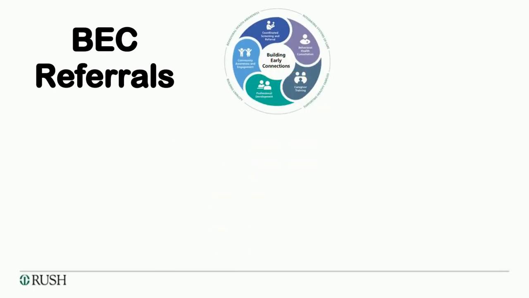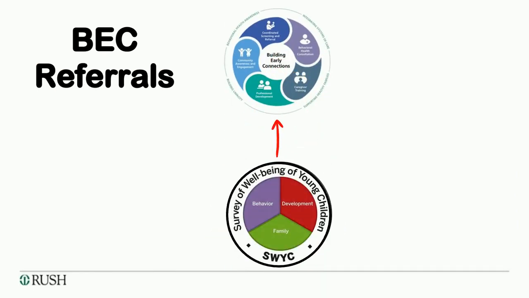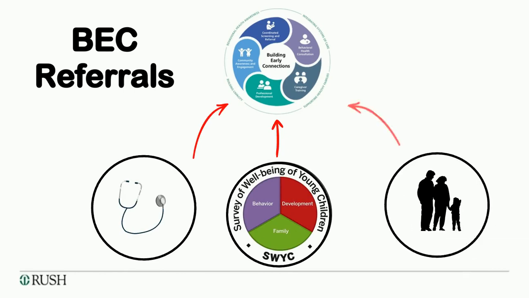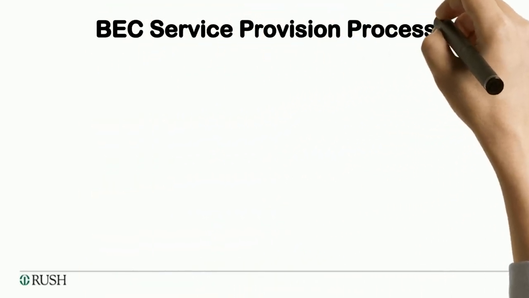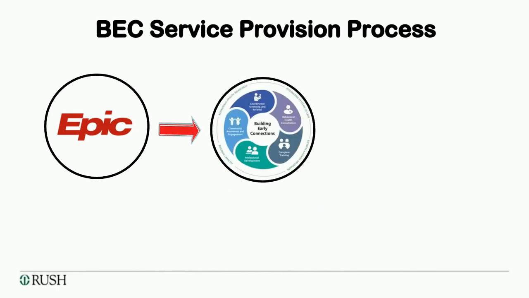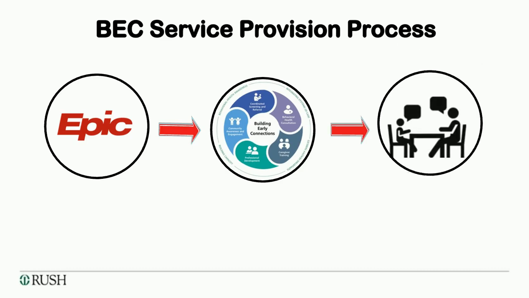Families can be referred to BEC in 3 ways: via positive SWYC screen, through provider referral, or parent request for behavioral health services. Each referral will undergo the same intake process, beginning with an assessment conducted by a BEC clinician. When a referral to BEC is generated into EPIC, a BEC clinician will coordinate with the family to schedule an intake appointment.